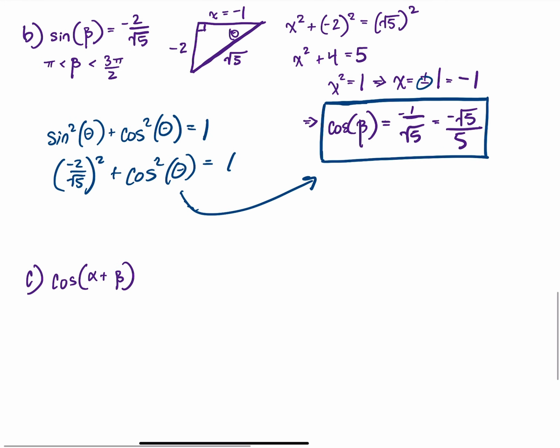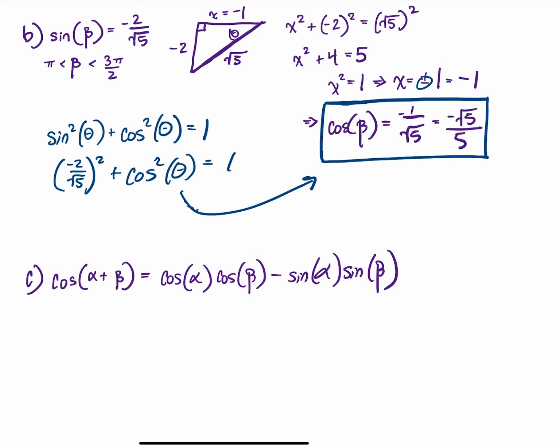So let's remember the formula for the cosine just gets double cosine and double sine, and then the sign will flip and become a minus. So just to remember, it's cosine of the first angle, so cosine alpha, times cosine of the second angle, minus sine of the first angle times sine of the second angle. And we know all these individual pieces now, so let's just plug it in.